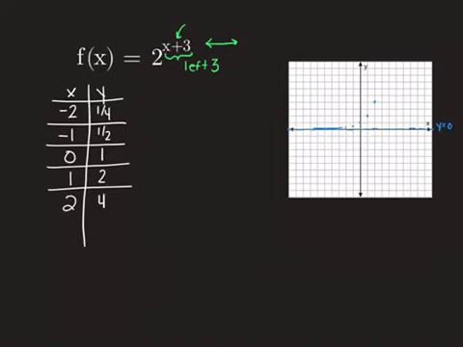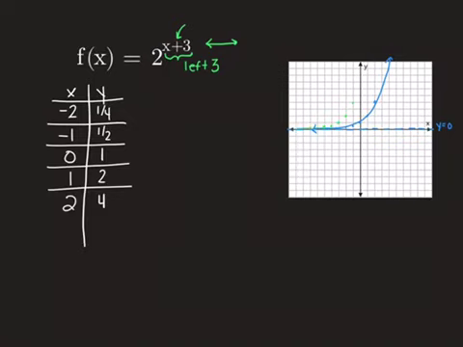So here's our graph. And then all we're going to do is take each of those points and simply move them to the left 3. So here, here, here, here, and here.